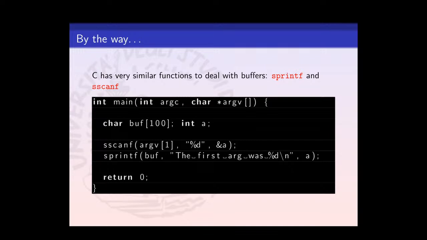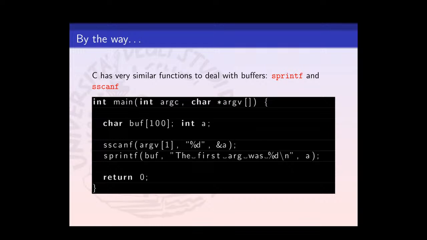Okay, one thing I forgot to say in this slide is that there are two quite similar functions also for arrays, which allow you to read data from arrays and write data to arrays. A buffer is basically a location in memory meant to store data.